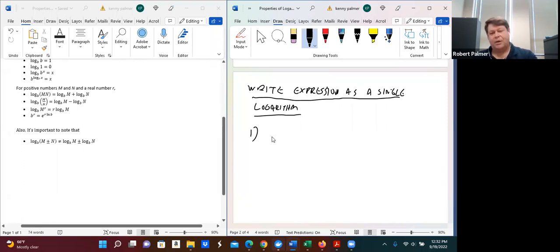Number one, let's say I have 2 times ln, remember, ln is the log base e, ln of x, minus 1/3 ln y plus ln z.